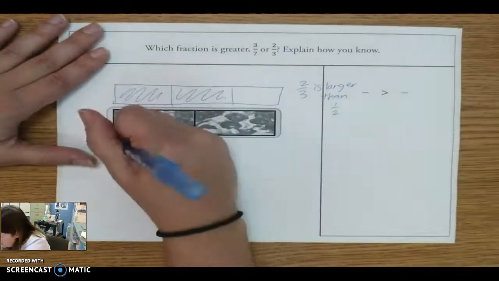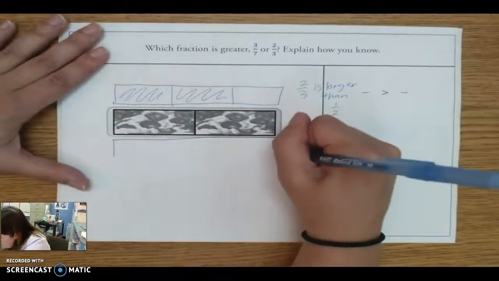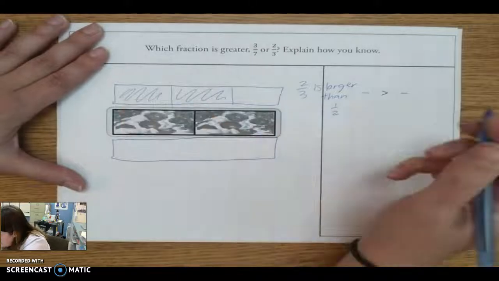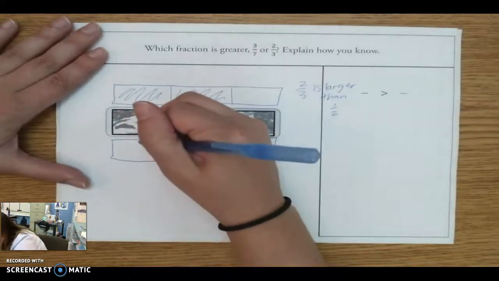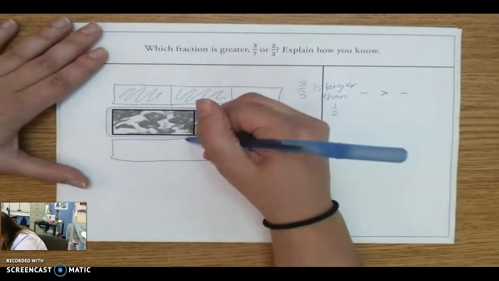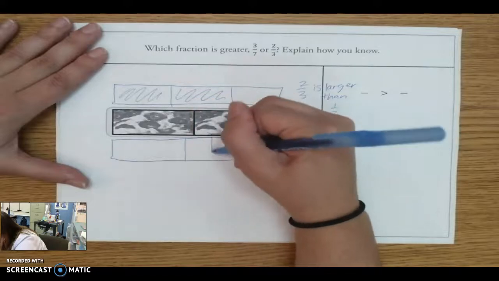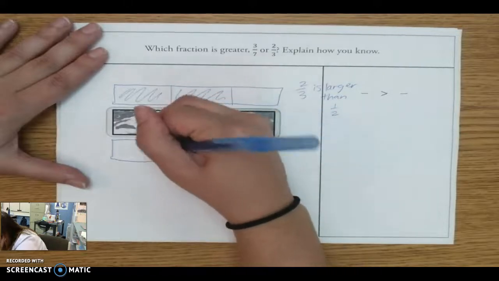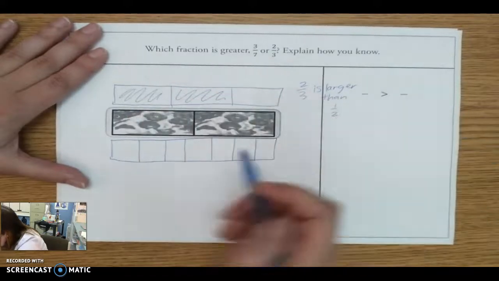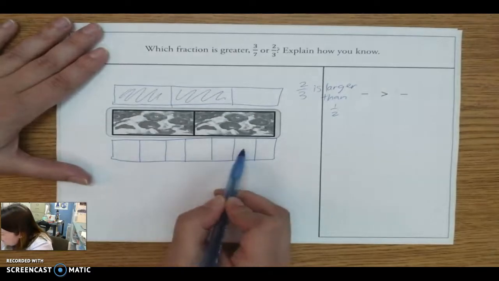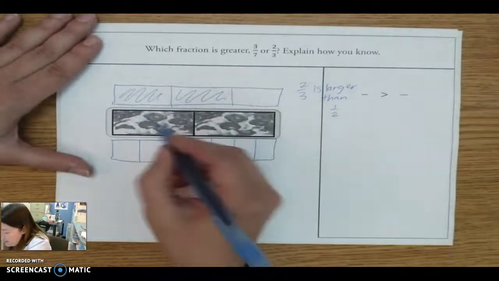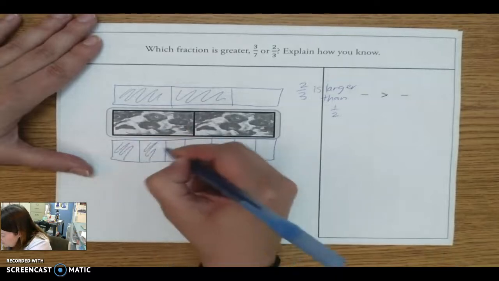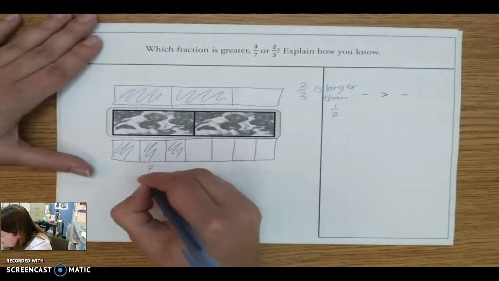Let's draw the 3/7. I don't know if I've ever had to draw 7s. So I need 6 lines to make 7 pieces. Just kind of do the best I can. 1, 2, 3, 4, 5, 6. So 1, 2, 3, 4, 5, 6, 7. Okay, and so 3/7: 1/7, 2/7, 3/7.